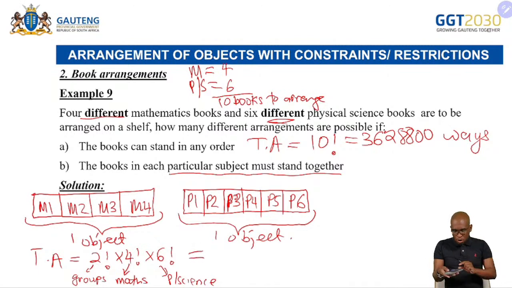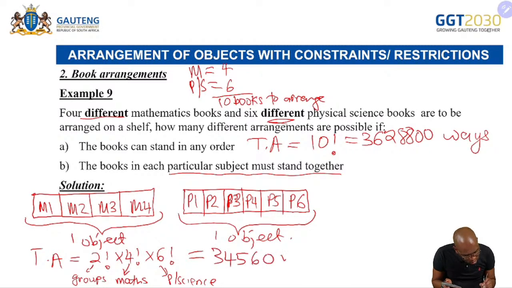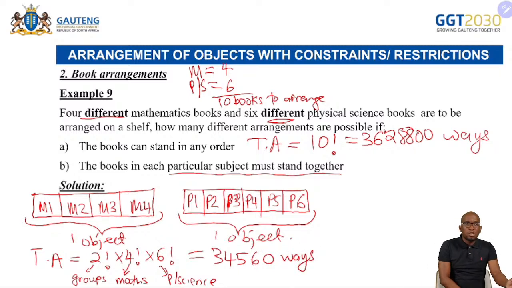Now, you work this out in your calculator: 2 factorial times 4 factorial times 6 factorial gives us 34560 ways. So these are the number of ways in which these books can be arranged if the books of each particular subject stand together. Right, we move on.